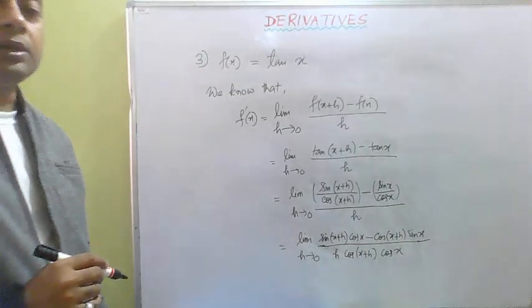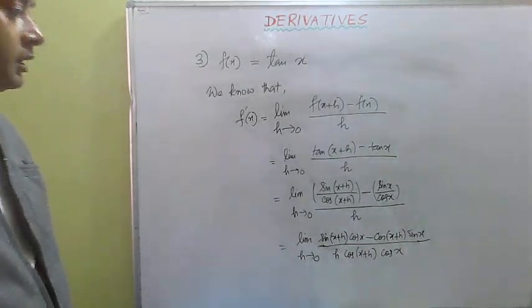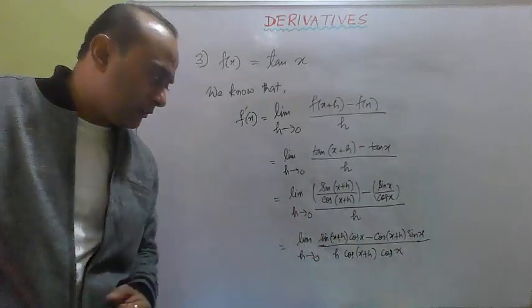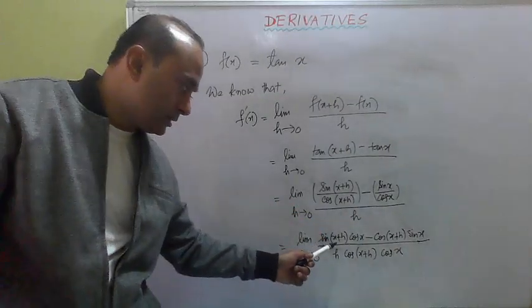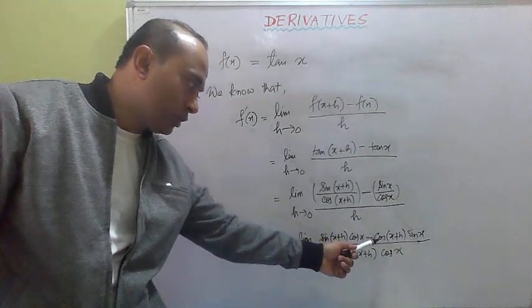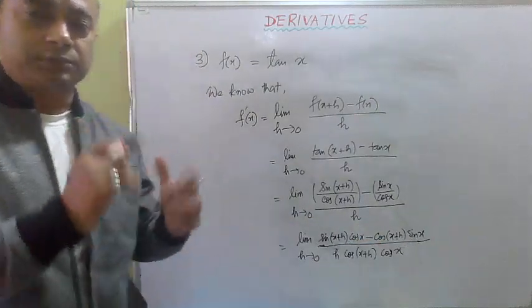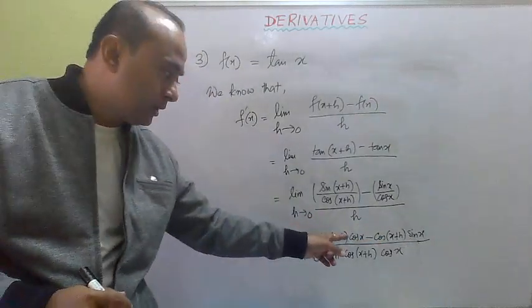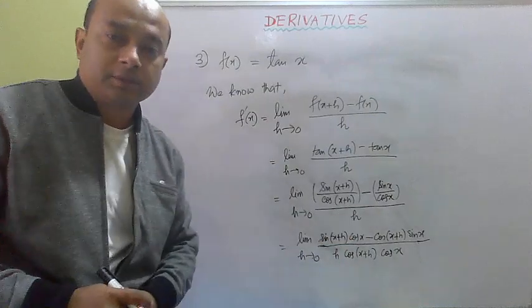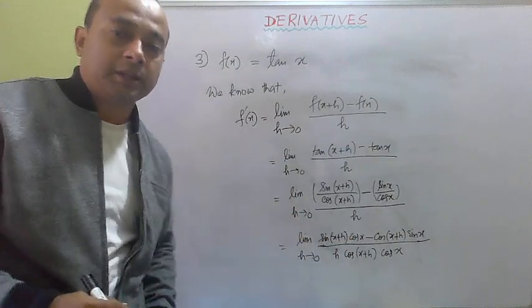So this is the way we take the LCM. Now if you look at the numerator carefully, sin of (x plus h) cos x minus cos of (x plus h) sin x, some formula it is indicating to us. What is the formula? sin A cos B minus cos A sin B. That formula of sin of (A minus B) formula.